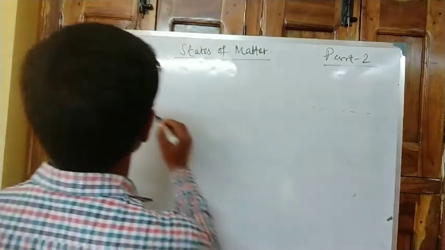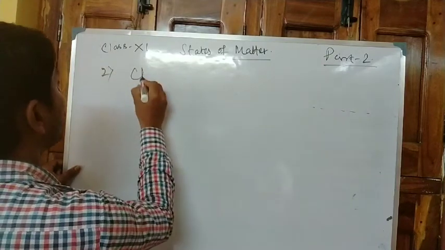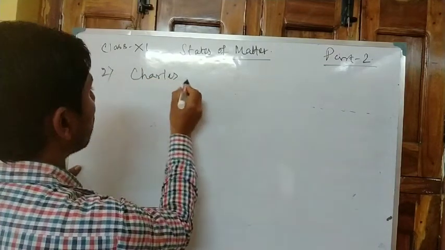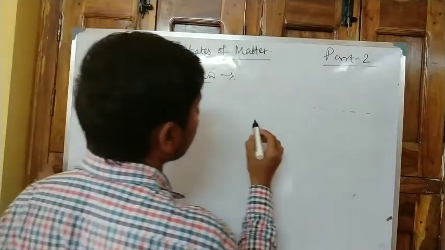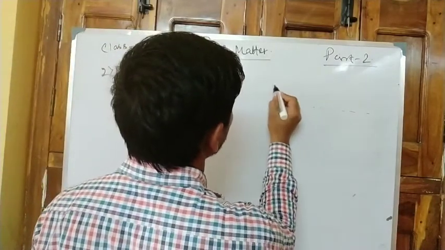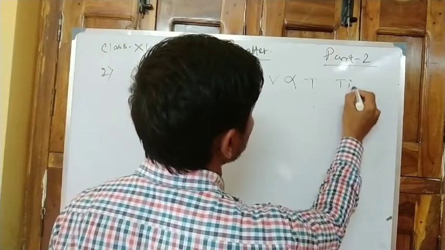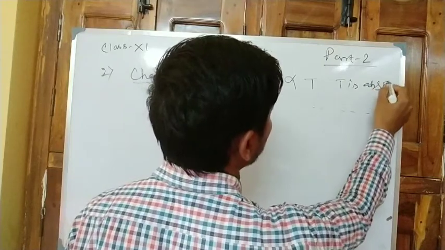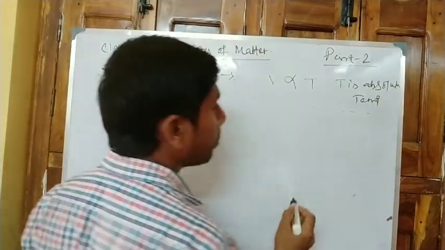Now the later discussion is on the second law, that is Charles law. Here we have a relation between V and T, where T is absolute temperature. What is absolute temperature?